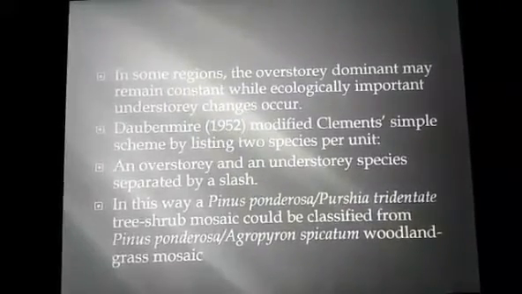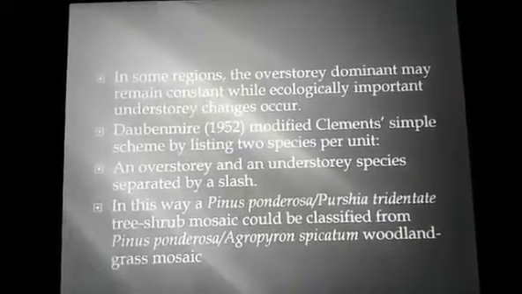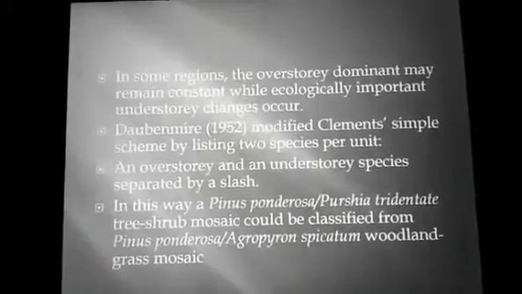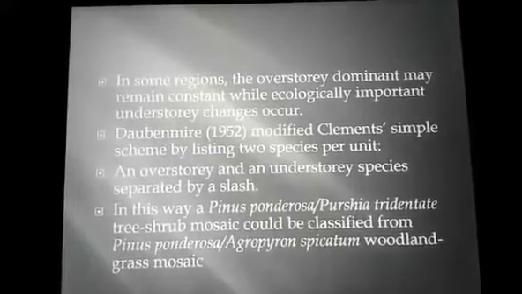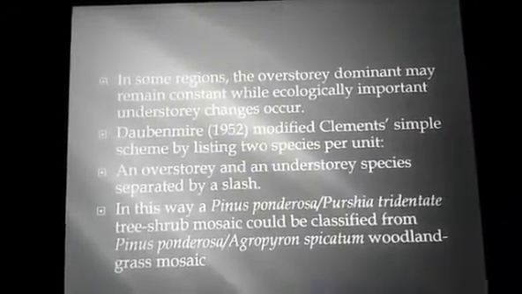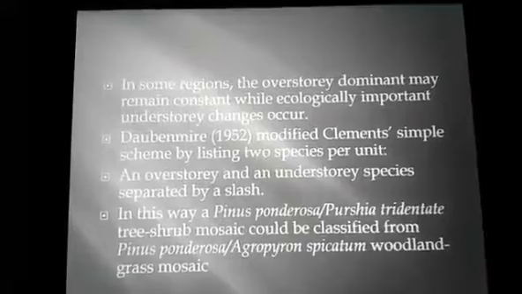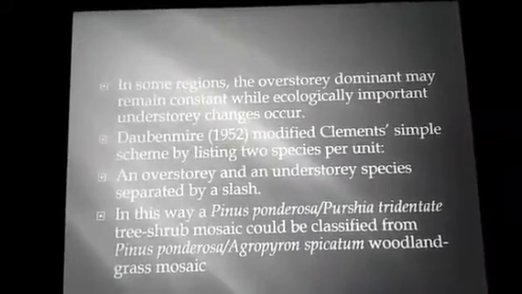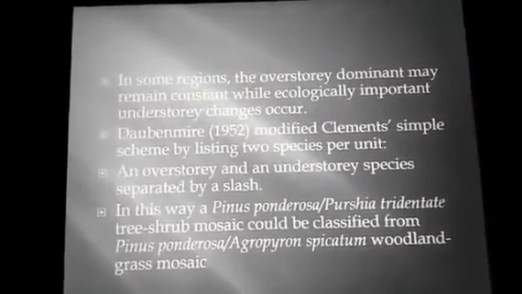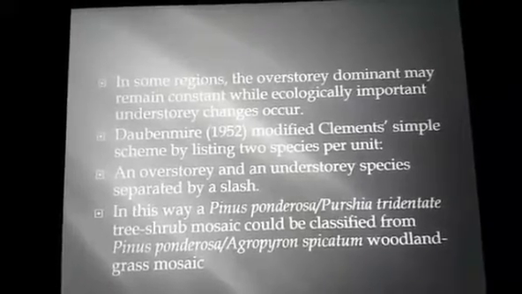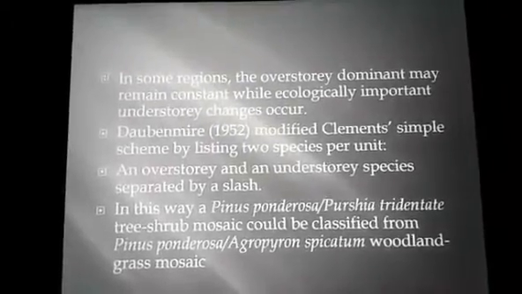In this way, for example, a Pinus ponderosa slash Purshia tridentata tree-shrub mosaic could be classified from a Pinus ponderosa slash Agropyron spicatum woodland-grass mosaic, whereas in the earlier classification, it would only be a Pinus ponderosa unit, without the other understory species which may differ.